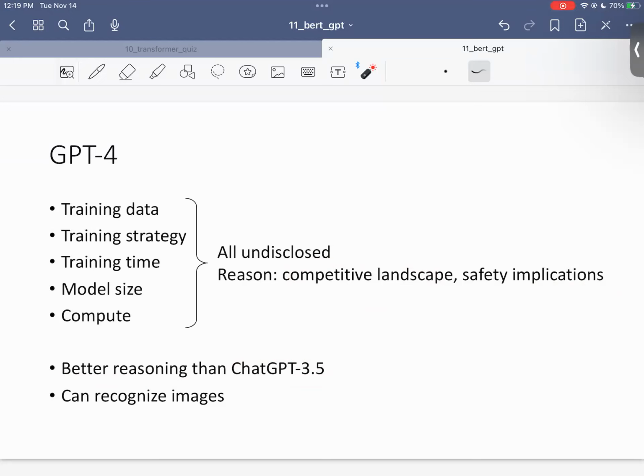So even though they didn't reveal how they trained it, it just shows that it is better. And it is said that it can recognize images. And very recently, they opened the service for GPT-4 Vision, right? So you can try it out if you're a paid user.